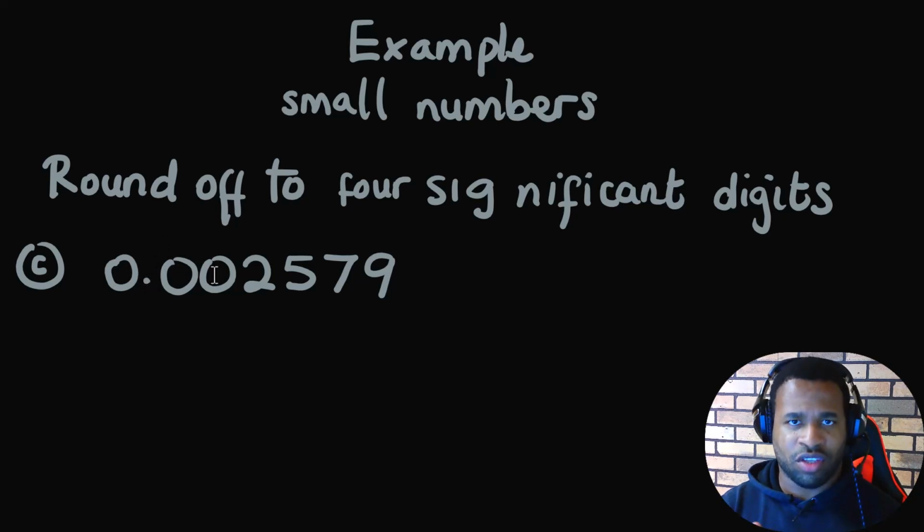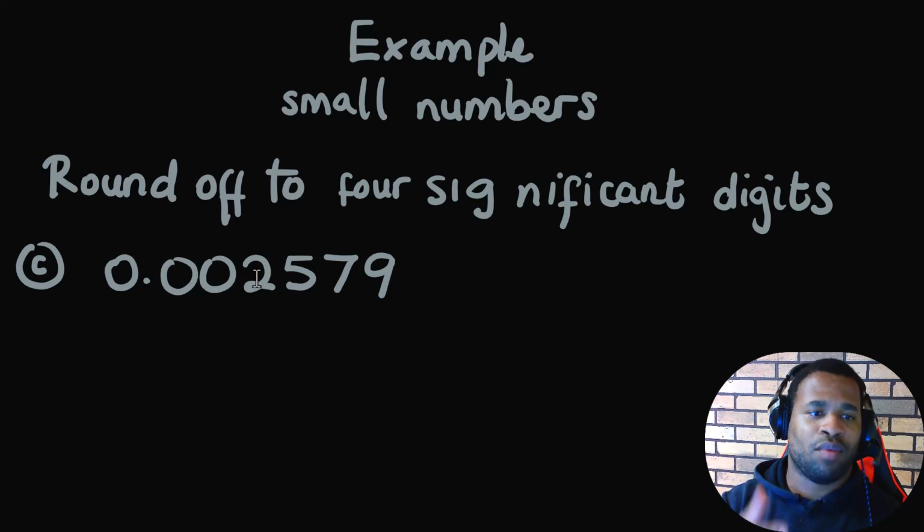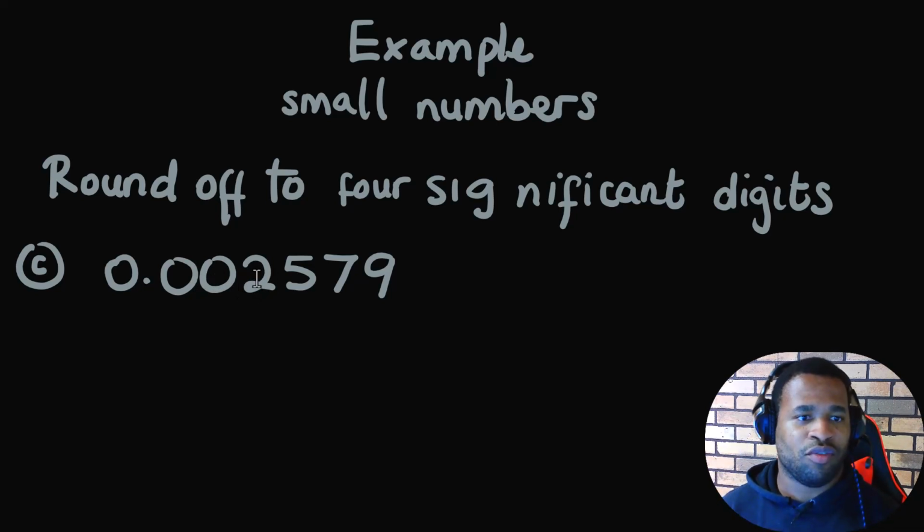Those digits are not significant, but after the zeros we have a non-zero digit, and so this here we're going to start off with our number to be the first significant digit, the second significant digit, the third significant digit is 2, and the fourth significant digit here is 5.